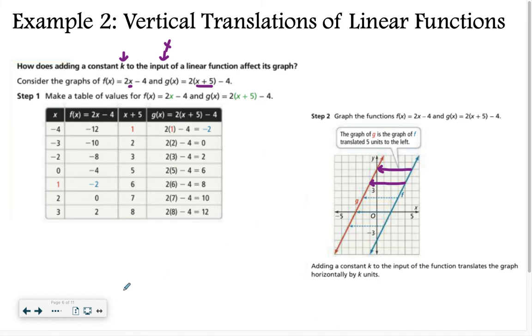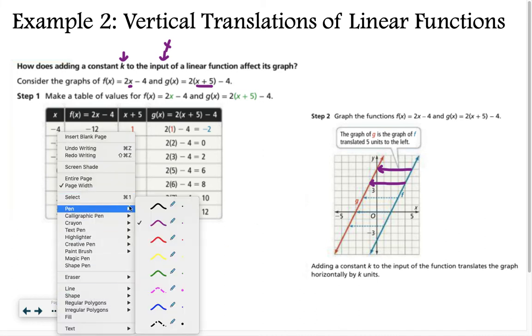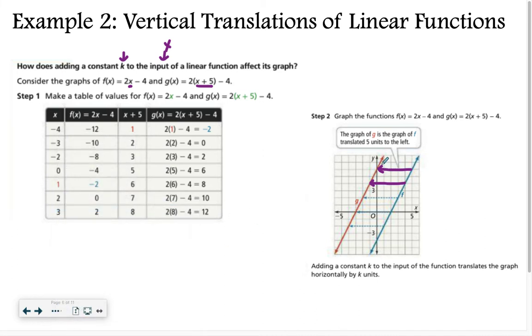And some of you might be asking, but Miss Johnson, why can't we just say, start at this point and say that it went up X number of units? The reason we can't do that is because whenever the number is in with the X, like that, we're going to be talking about left and right translations, okay?